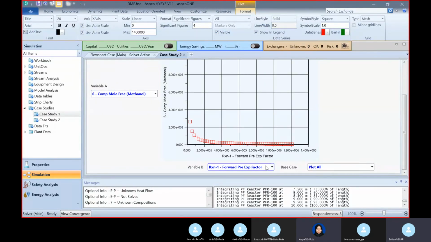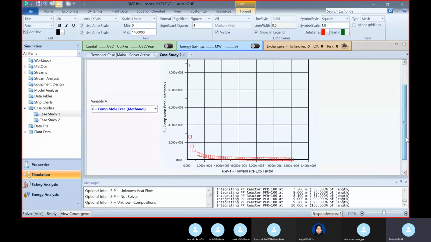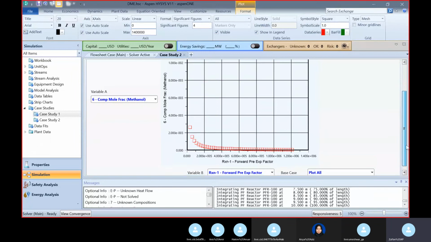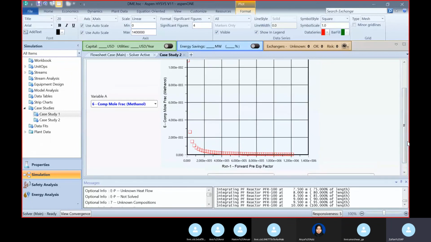Complete, and then we will need to see the mole fraction of methanol. Let me check. In stream 6, the mole fraction of methanol is how much? 64.9 divided by 338.3.